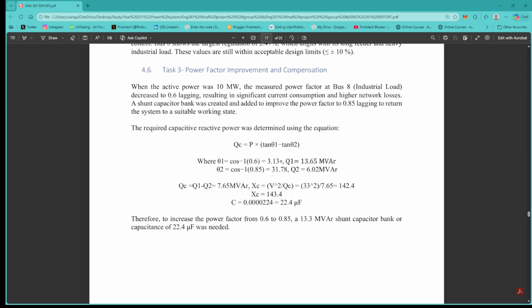To address this, a shunt capacitor was installed, and the required reactive power compensation was calculated to be approximately 7.63 MVAr, or a capacitance of 22.4 microfarad. After compensation, the power factor improved from 0.85 to 0.9.